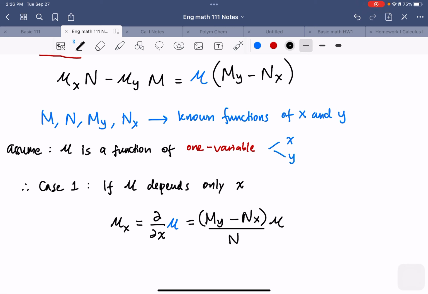The second case is similar. We are going to make the mu x 0. So we will have this negative here.